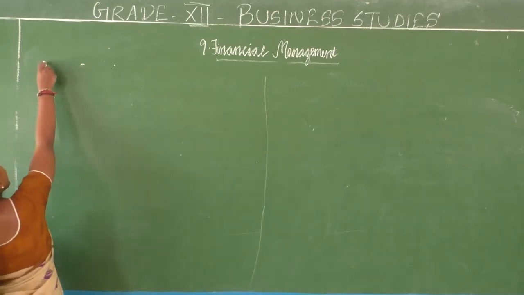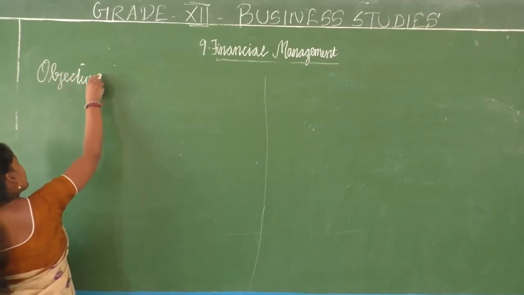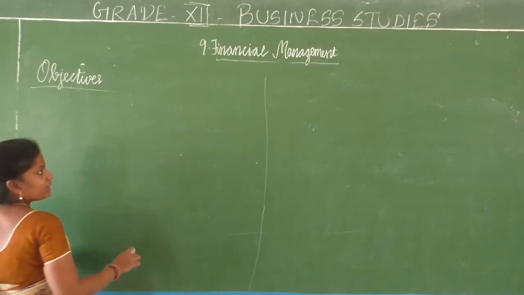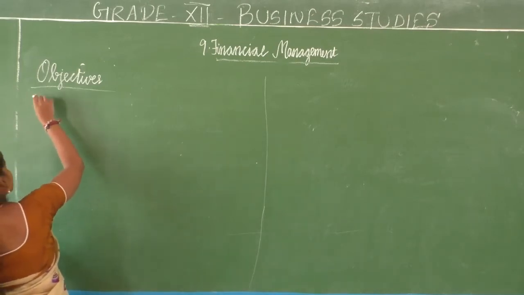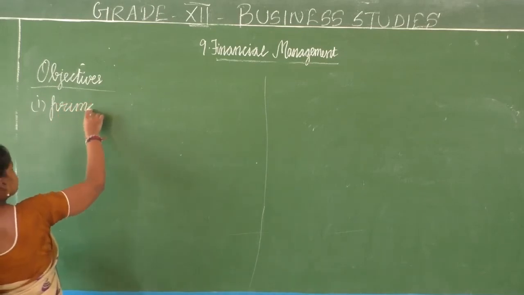So what might be the objectives of financial management அப்படின்னா the basic objective of financial management is wealth maximization. What is its primary objective?